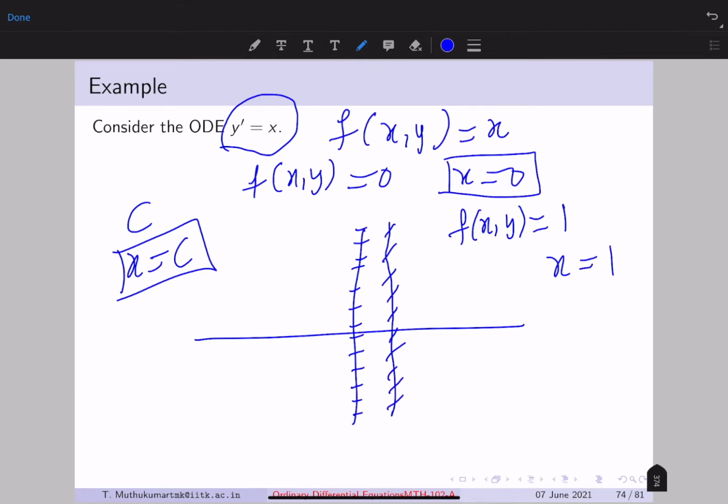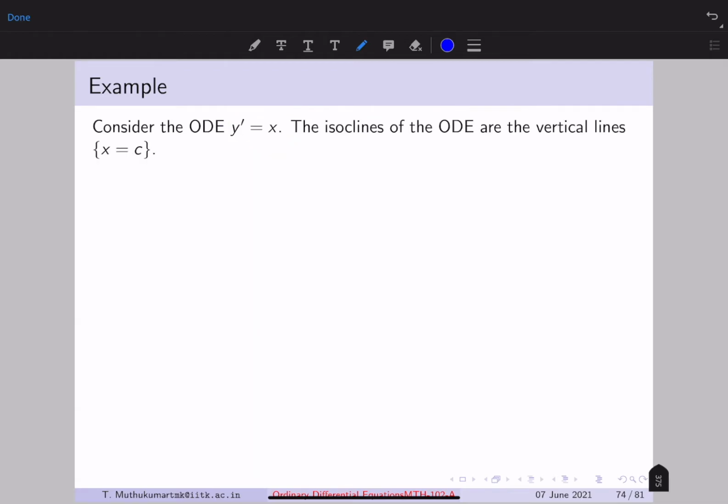If you keep doing this for each possible value c, for instance when you want slope minus 1, you will have slope minus 1 here. So if you proceed like this, you would have drawn all the isoclines of the ODE, which are vertical lines x equal to c, as I pointed out.